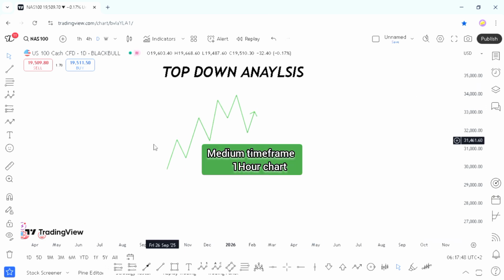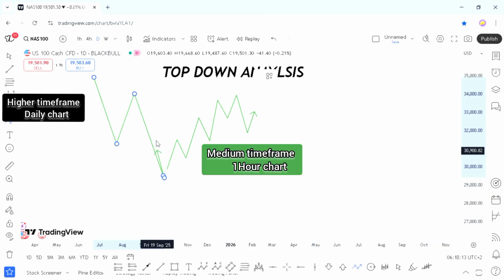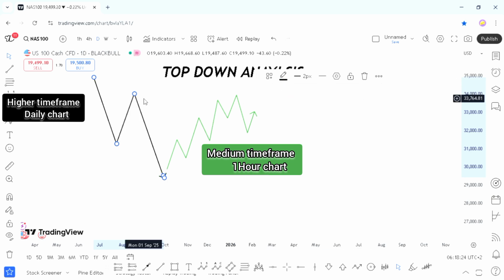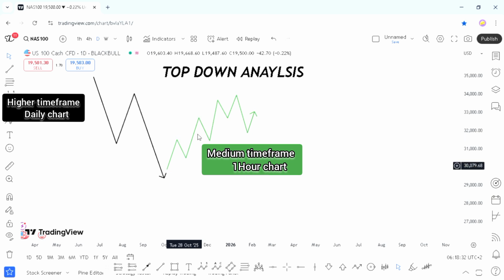Let's say our daily chart is in a dimension, let me change the color so that you can see. I'm gonna make it black. So this black is our daily chart, and then this one is our 1 hour.